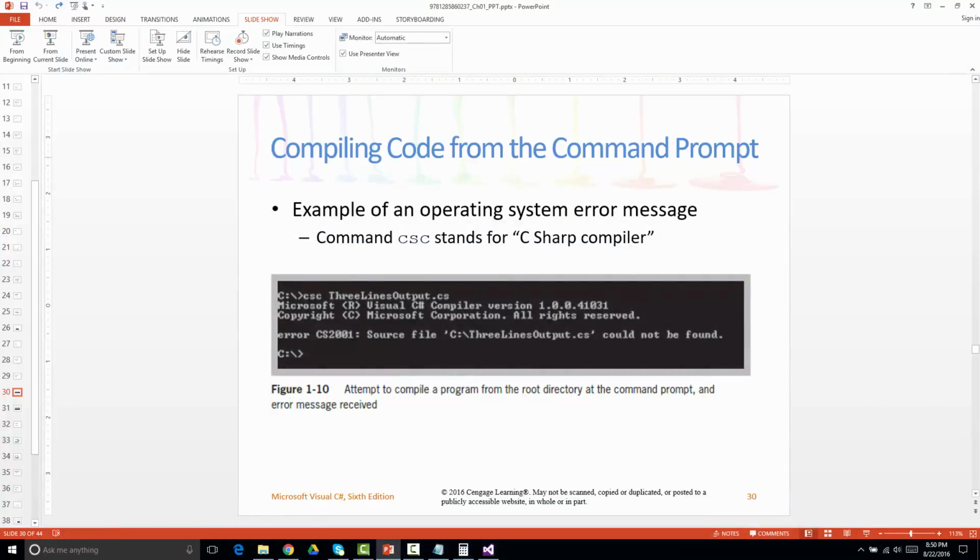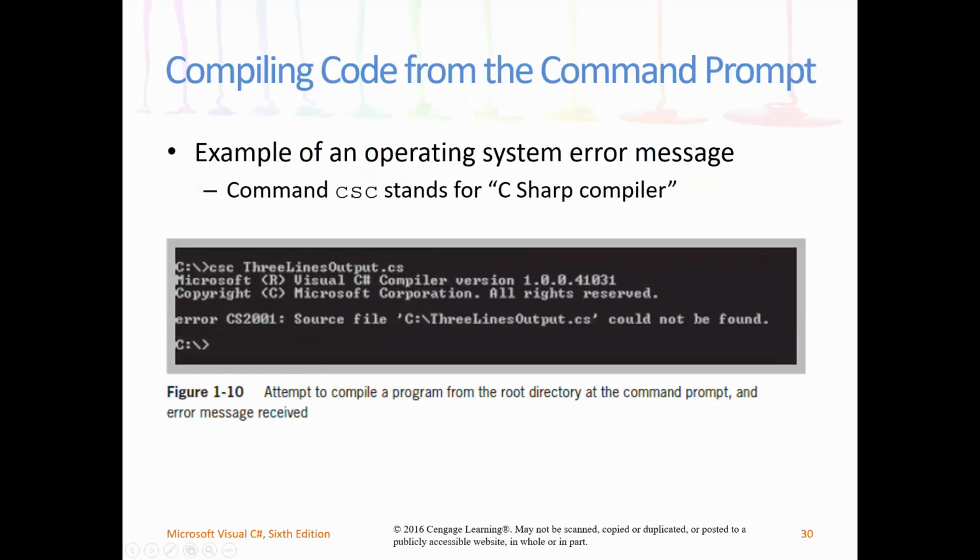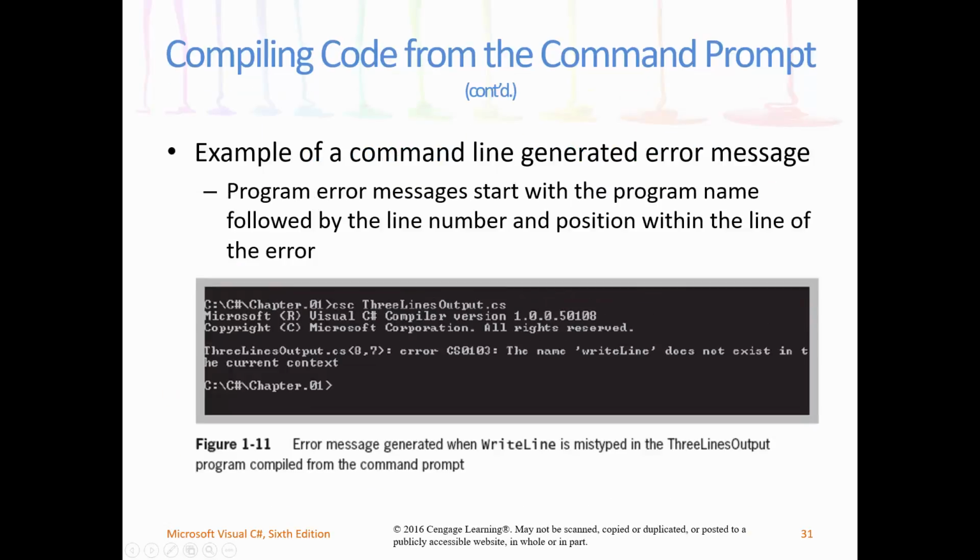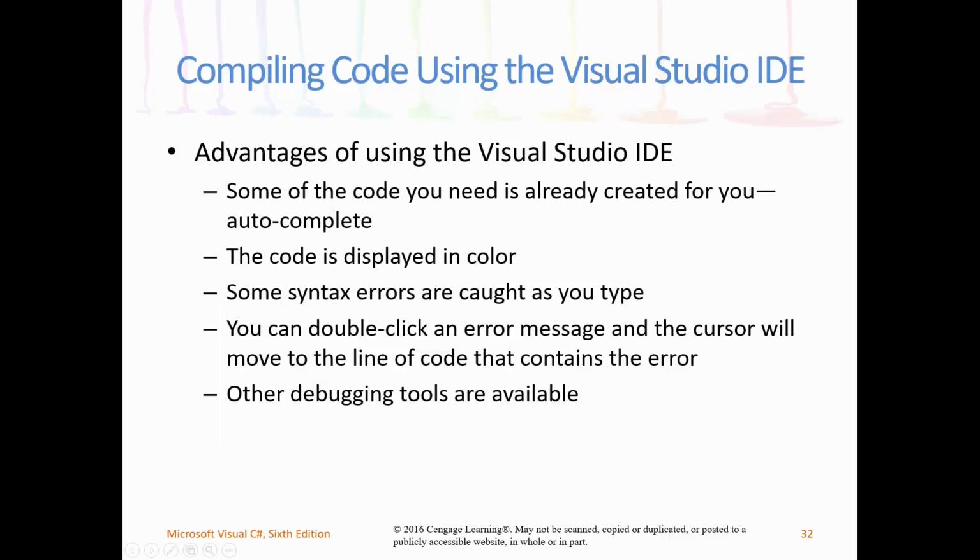All right, so you're going to have plenty of time to go through and get really good at debugging C# programs. You're going to get messages like this, compiler-generated error messages. Now, when you use the IDE, an acronym which stands for Integrated Development Environment, it's much easier to work with a GUI.